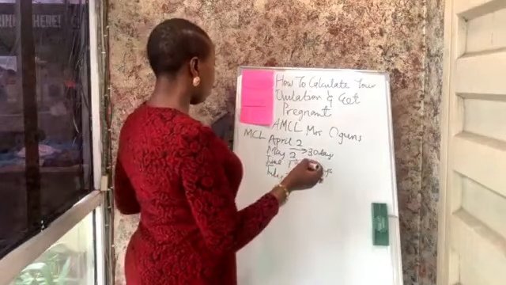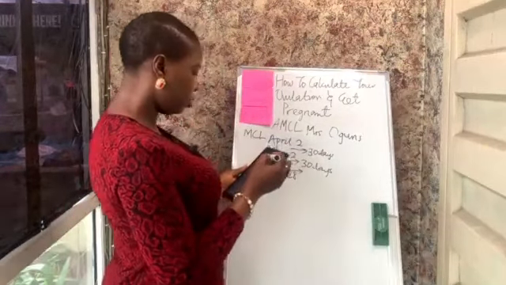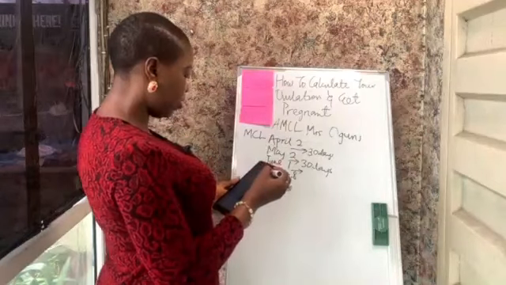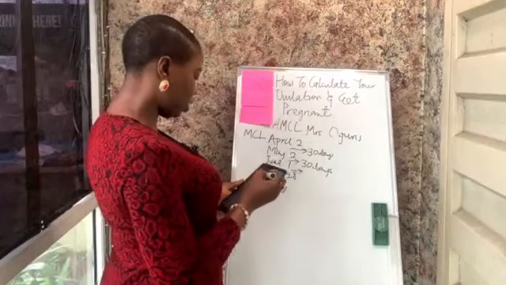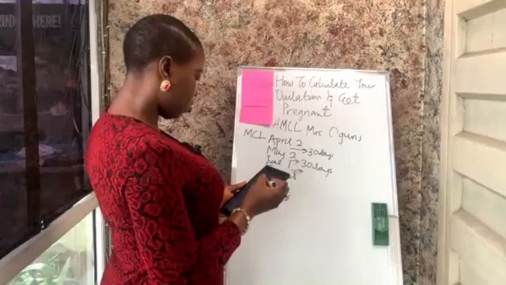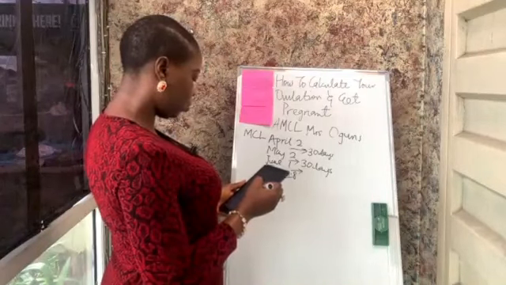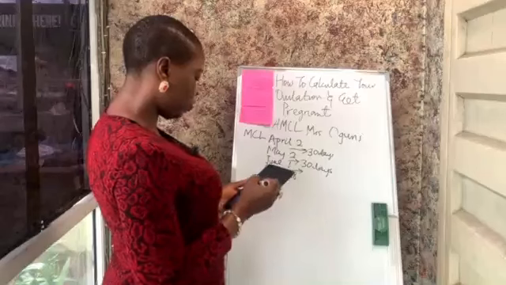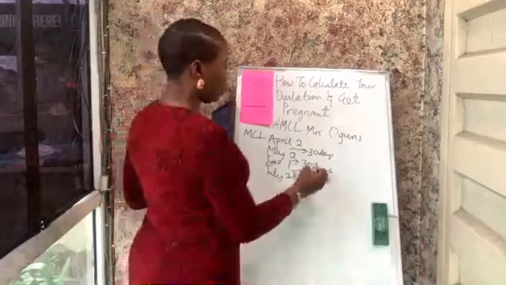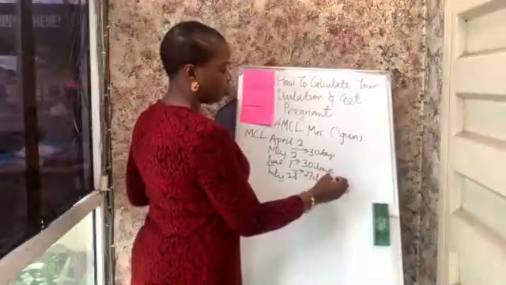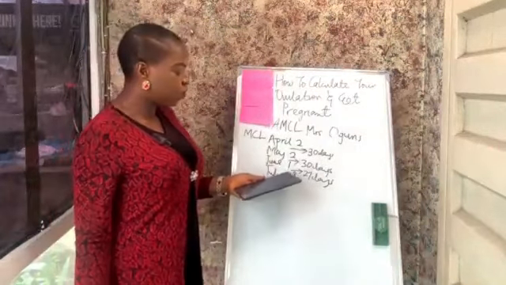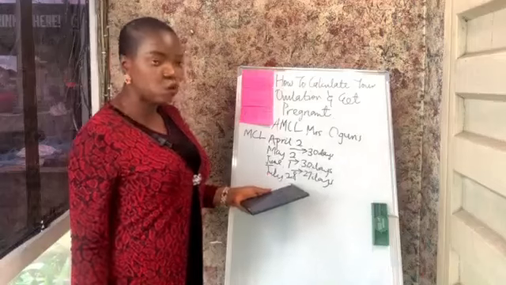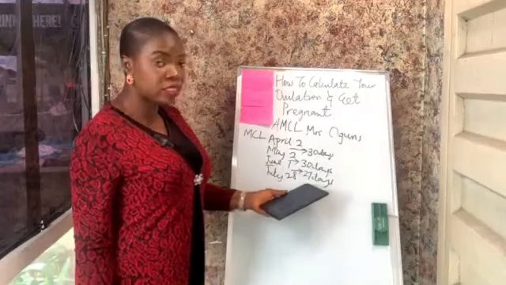So this one took from June 1st to July 28th. Now this is 14, 21, 22, 23, 24, 25, 26, 27. So this took 27 days. June 1st to July 28th took 27 days.